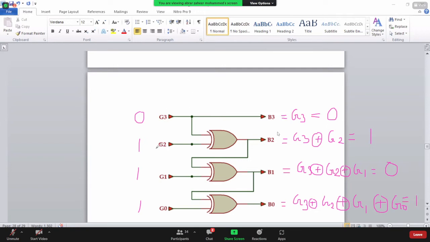So for the gray code 0, 1, 1, 1, the output binary code is 0, 1, 0, 1. So in this way, we can convert the gray to binary.